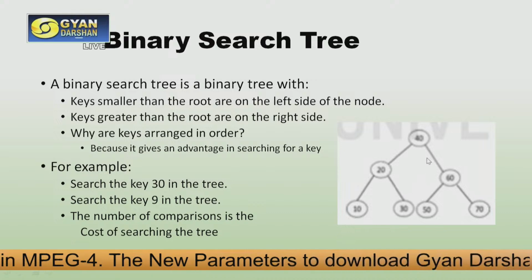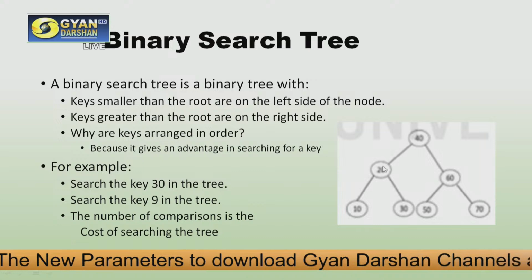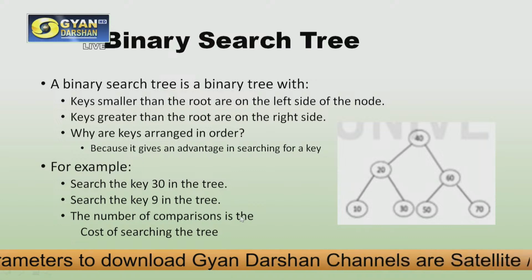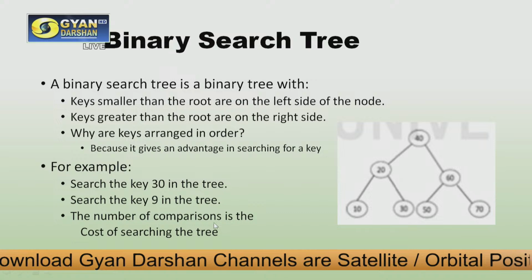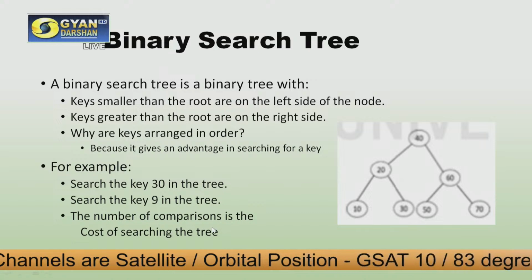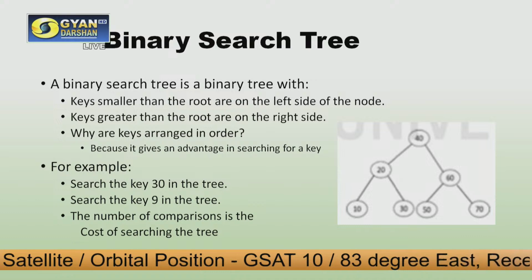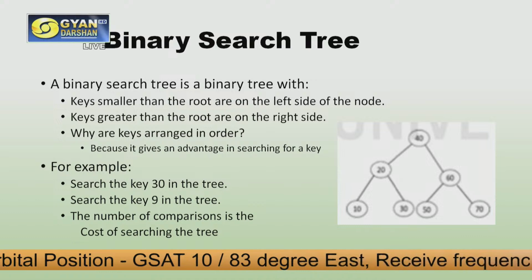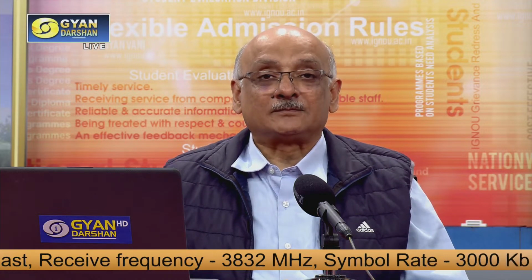So the number of comparisons determines the cost of searching the tree. Now the question is, is this particular tree optimal? Or what is the property of an optimal binary search tree?